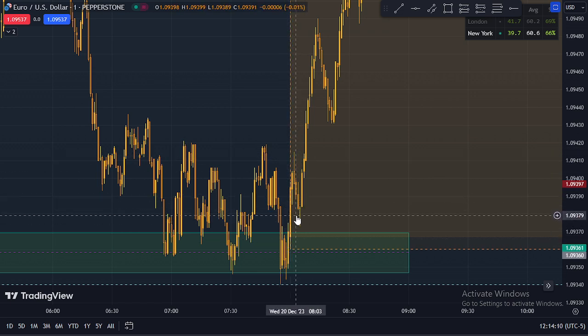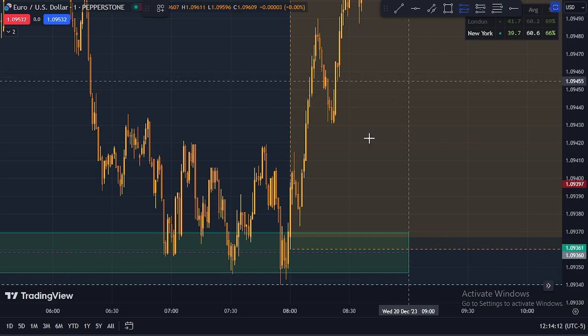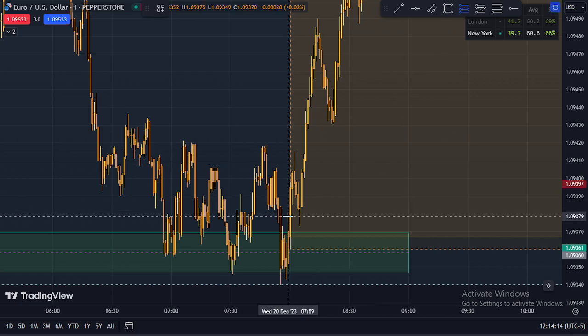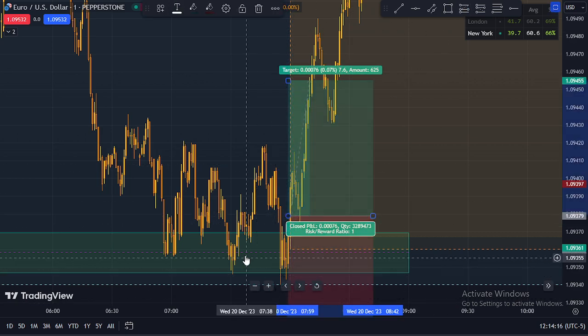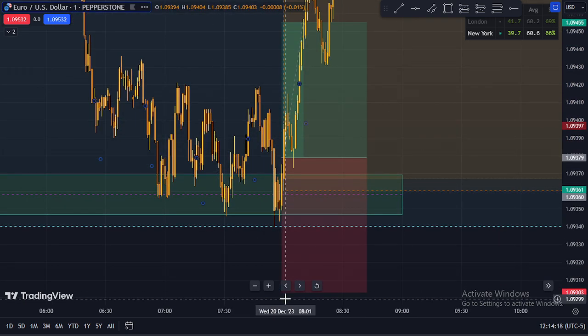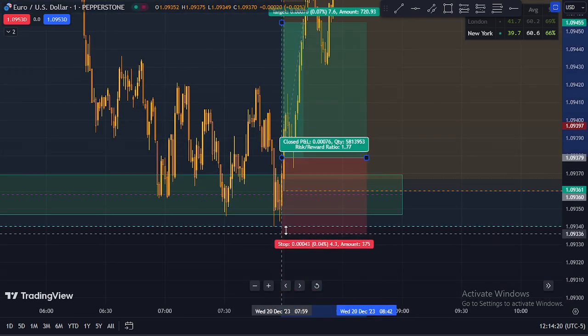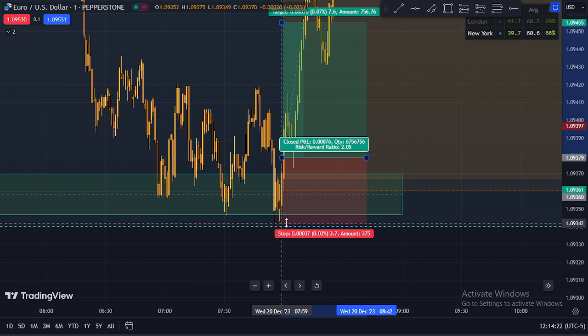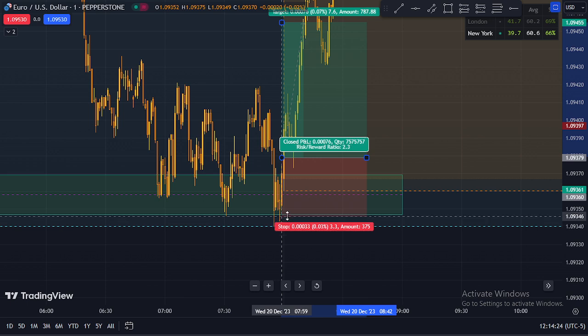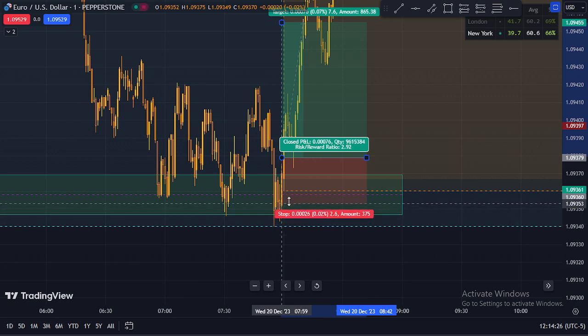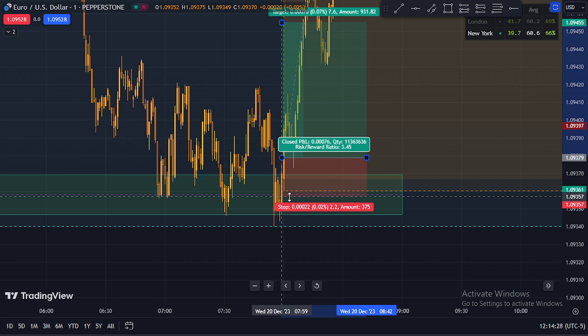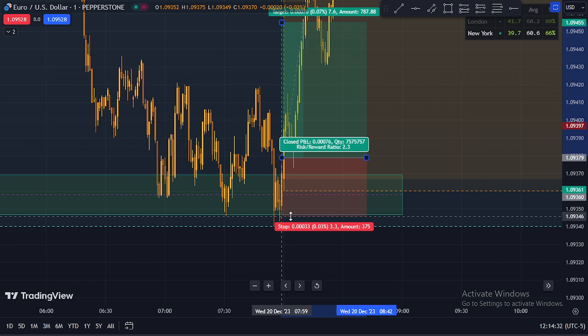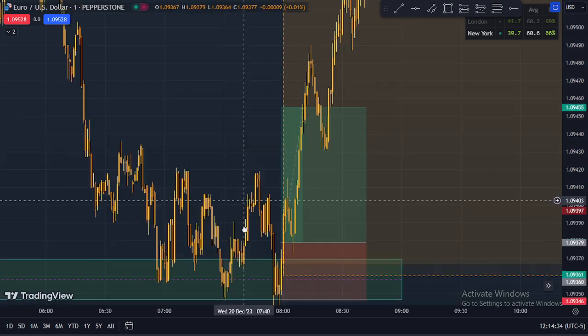So price traded inside that, and that would have been your entry right there. And then you can place your stop below that low, no problem, or below the inefficiency, or maybe the midpoint of the inefficiency. So you place your stop below the inefficiency.